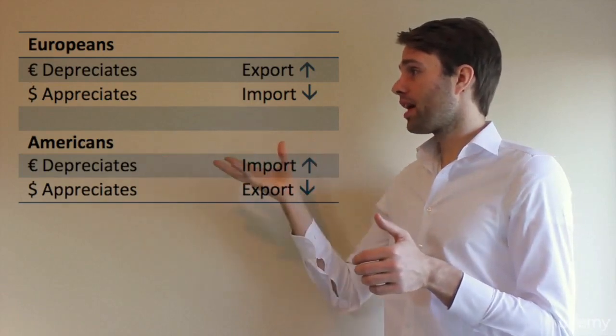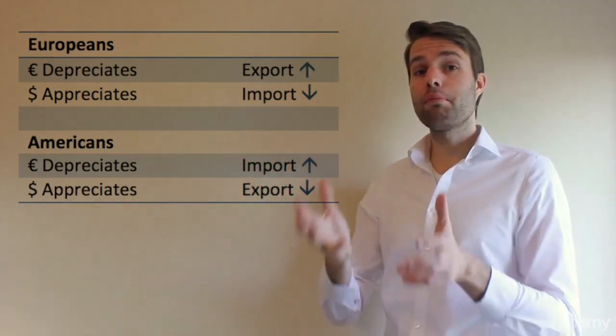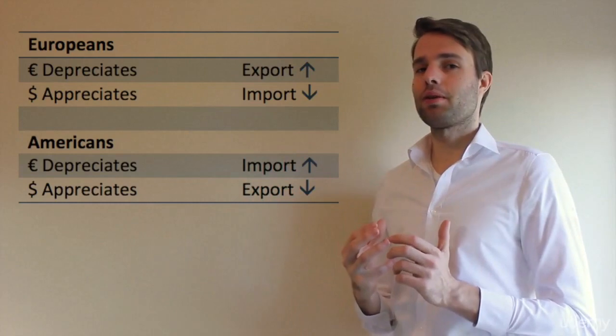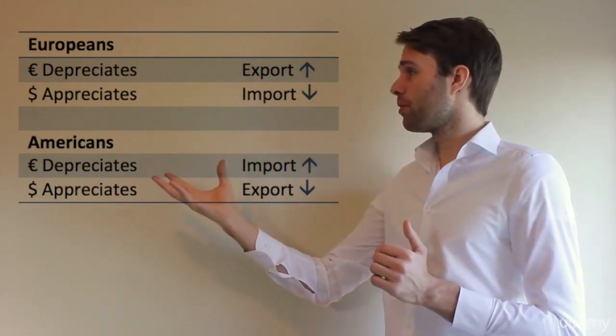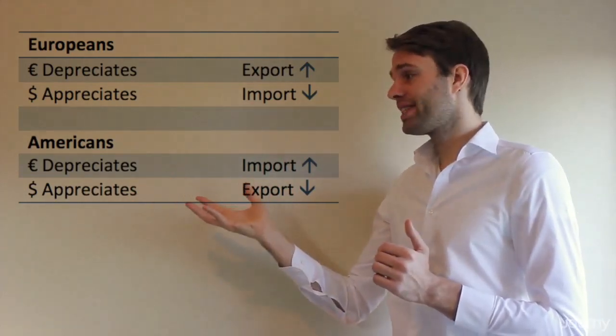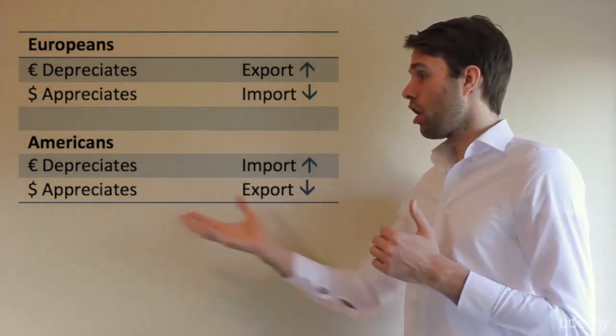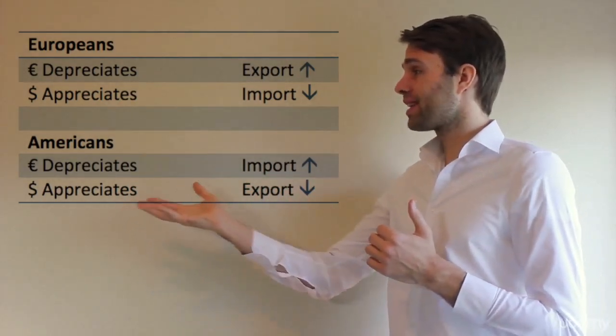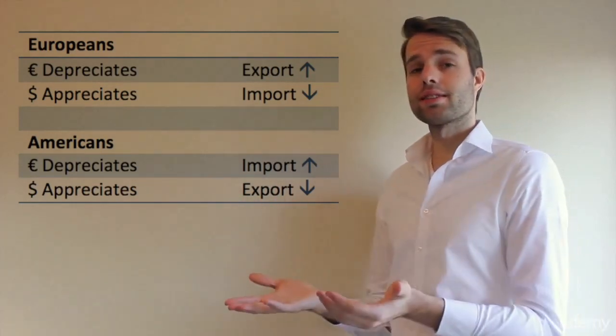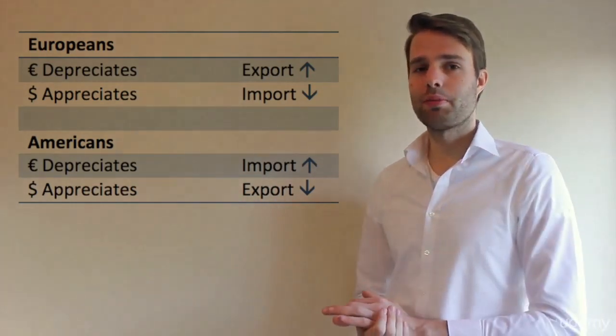But the US dollar has to appreciate, so they will import less because it's too expensive now. From an American point of view, because the euro depreciated, they will import more. It's cheaper to buy. But because the US dollar has appreciated, they will export less because it's too expensive for Europeans to buy.